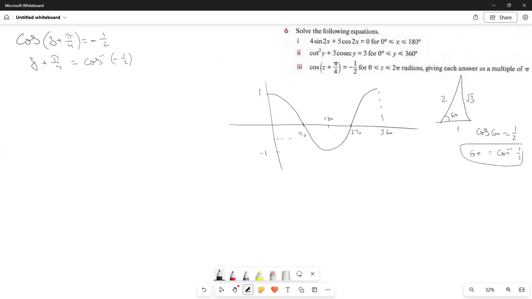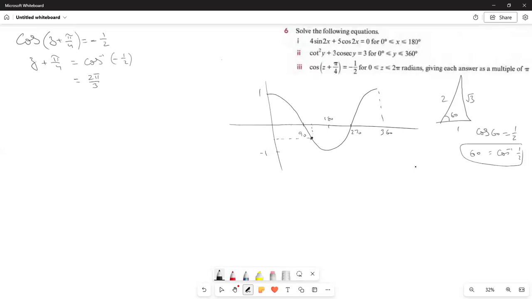So minus half will give me this value. It was 60 degree from here, but this time it is 60 less than 180. So it is going to give you 120 degree. So 120 means 2 pi by 3, right? 2 pi by 3.